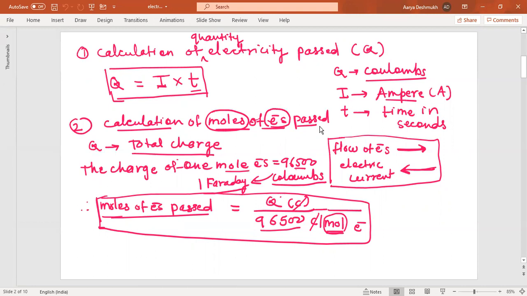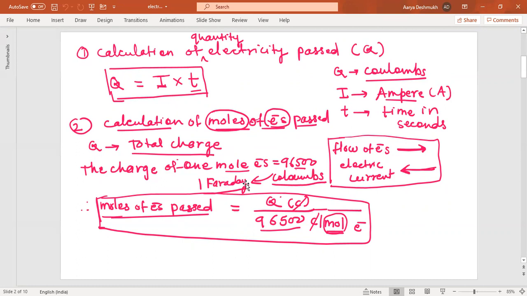In this way, the redox reaction gets completed. The moles of electrons passed can be calculated by knowing the total charge, that is Q, because if the electrons flow one way, the electric current passes in the opposite direction.